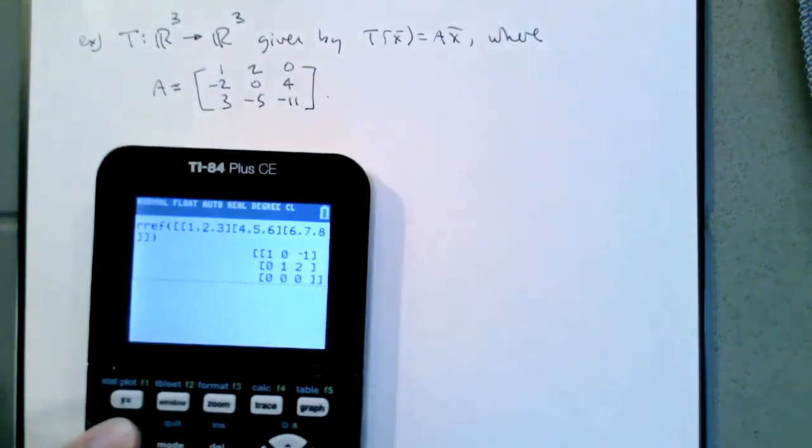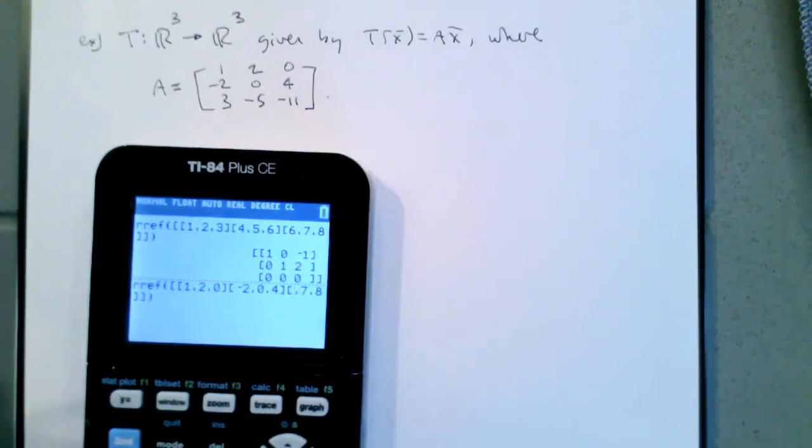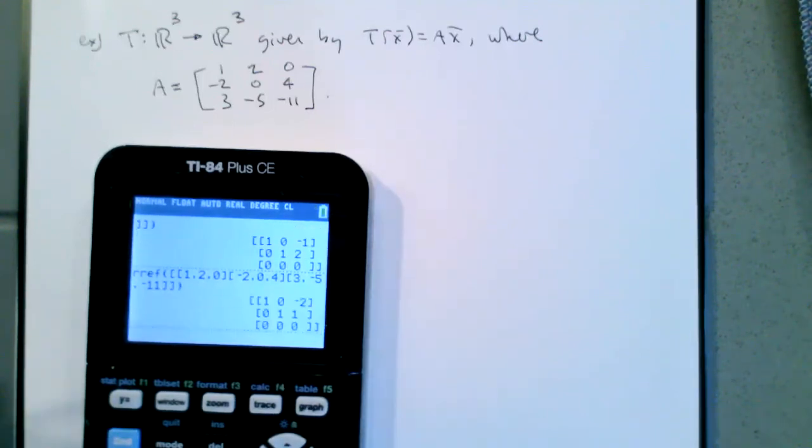So let's grab the reduced echelon form of this matrix. 1, 2, 0, negative 2, 0, 4, and then 3, negative 5, negative 11. So what we see is that the reduced echelon form has two pivots, in the first row, first column, and second row, second column. That third column is a linear combination of the first two.